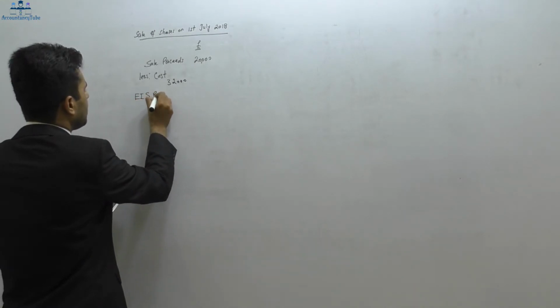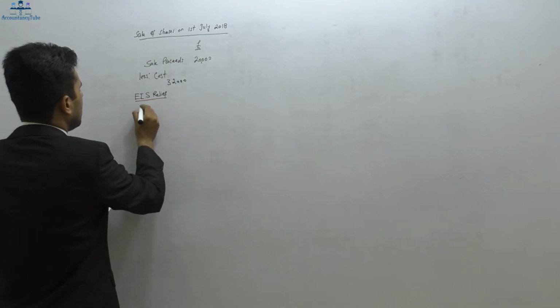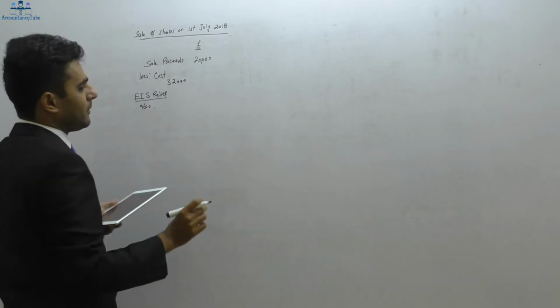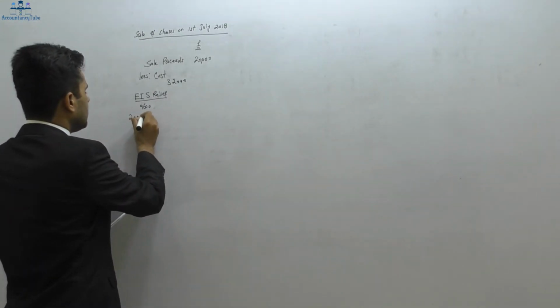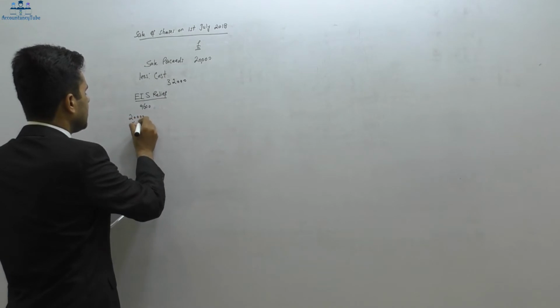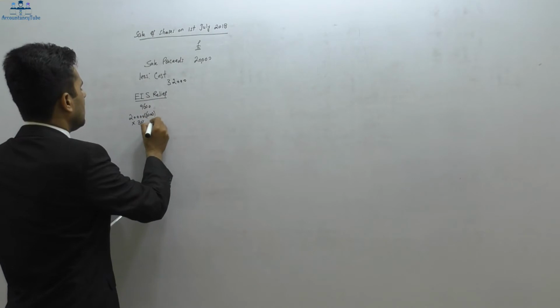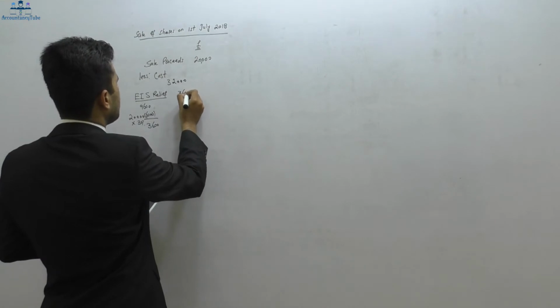The amount of EIS relief was how much? £9,600, and out of that we have deducted £20,000, the sale price, times 30%, which means £6,000 is deducted, which gives me £3,600. So that is £3,600 which will be deducted.